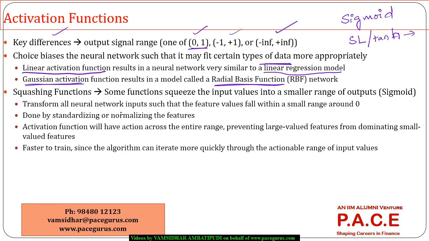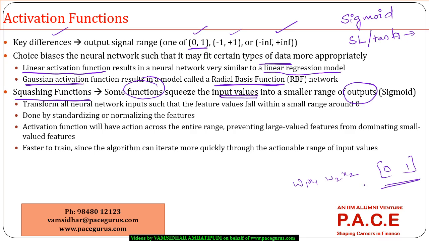Now, here we need to have an understanding of something else, which is called a squashing function. Some functions that we are using squeeze the input values into a small range of outputs. Whatever are my W1 X1, W2 X2, the whole thing will get reduced between 0 to 1.